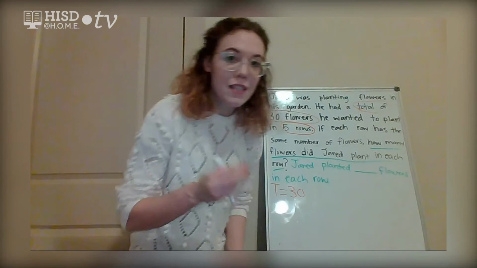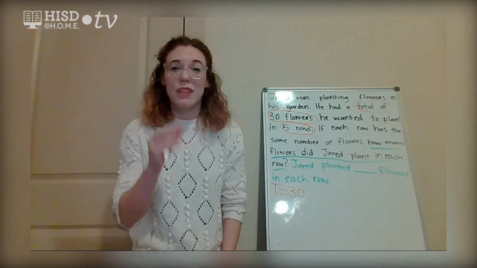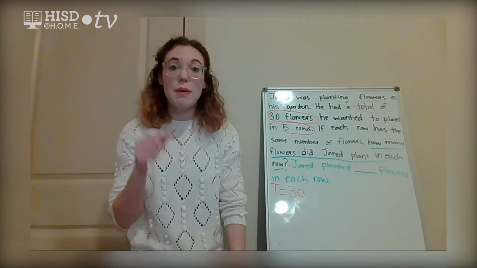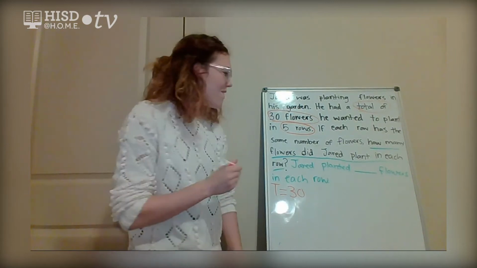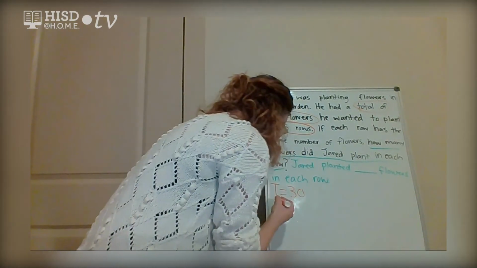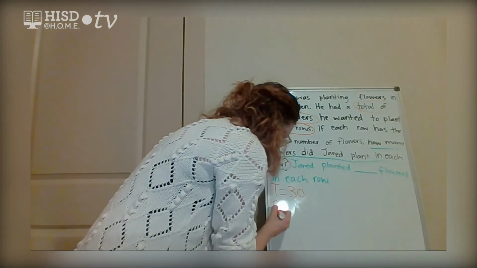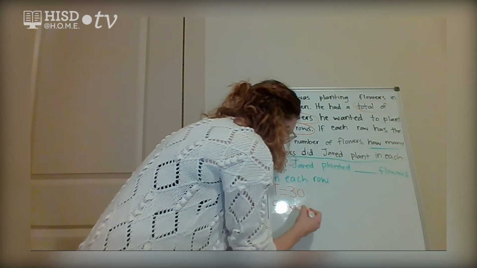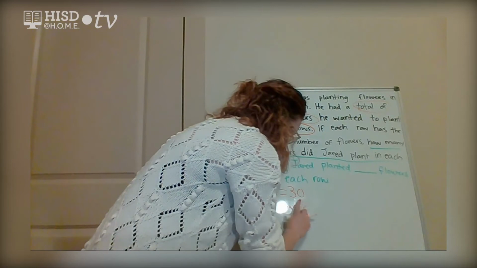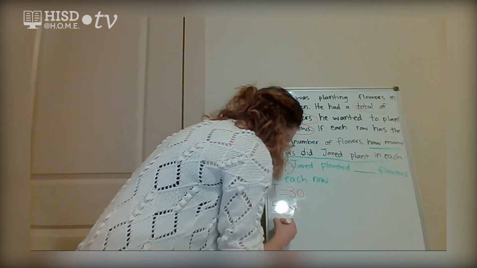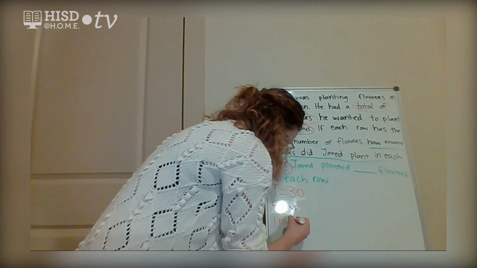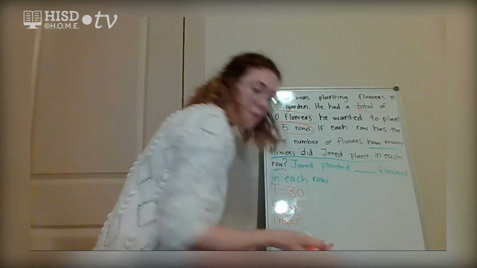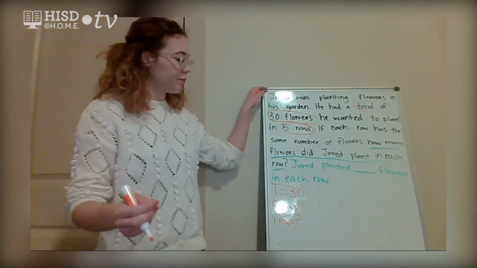Guys, this is giving us multiplication and division vocabulary, what we practice with our strategies. 5 rows. And we want to know how many is in one of these rows, or each of them, which would be the same thing as how many is in one row.